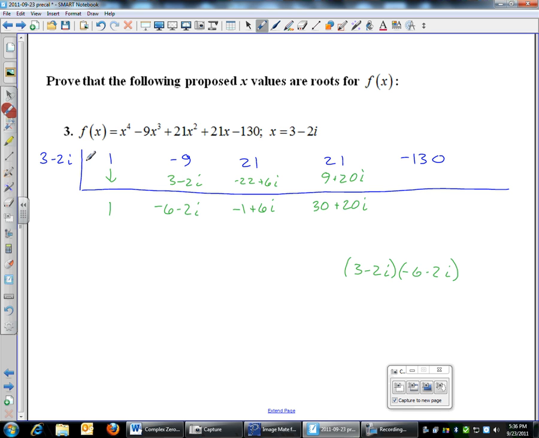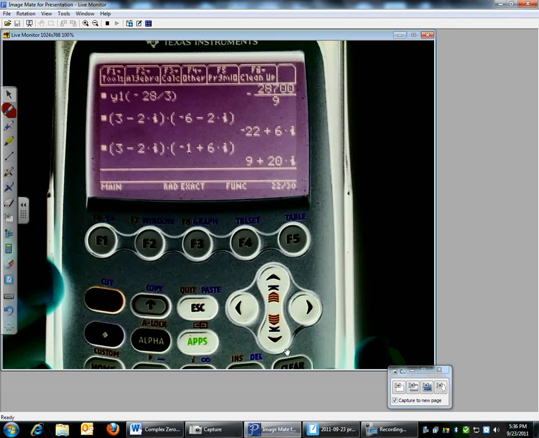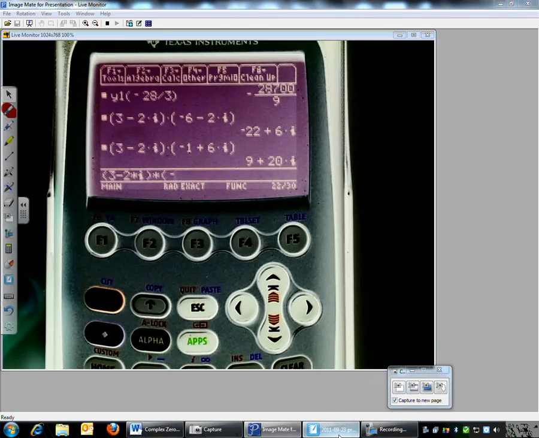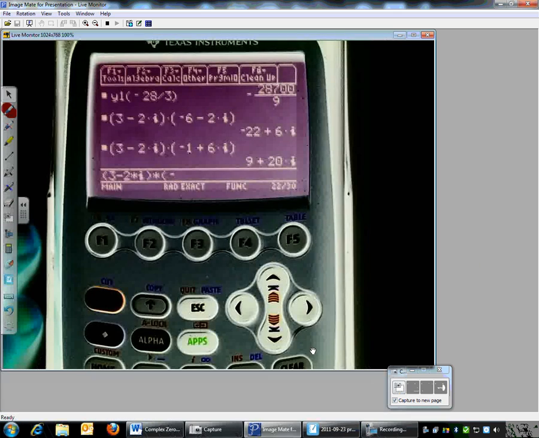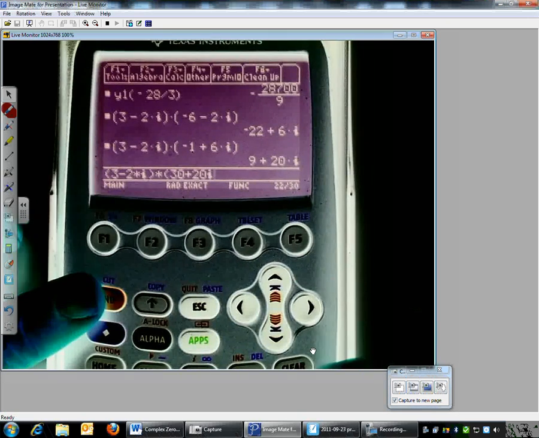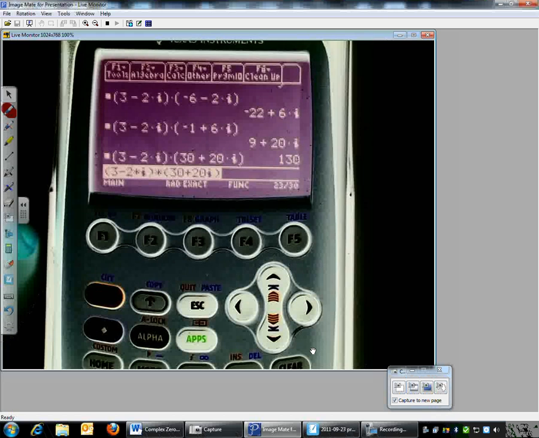Now I need to multiply again. 3 minus 2i times 30 plus 20i. Go back to my calculator. So 30 plus 20i. This is so frustrating. I hit enter, and we get 130.